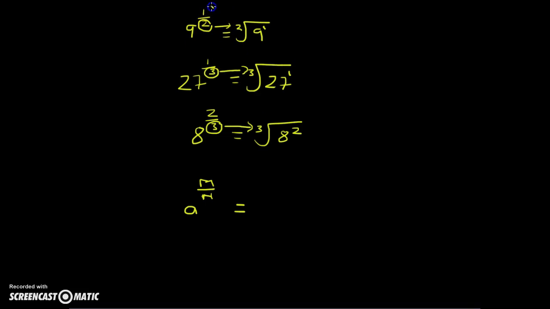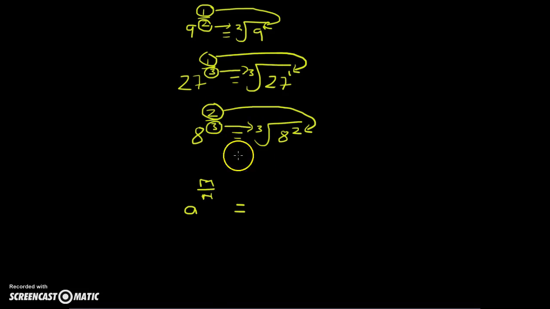Also, hopefully you've spotted the numerator corresponds to the power. So the 1 up there, 9 to the power of 1, the 1, 27 to the power of 1, and the 2 over here, same as the power there. So the number on the denominator is the root, number on the numerator is the power.